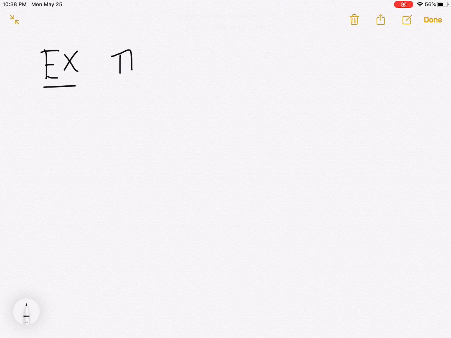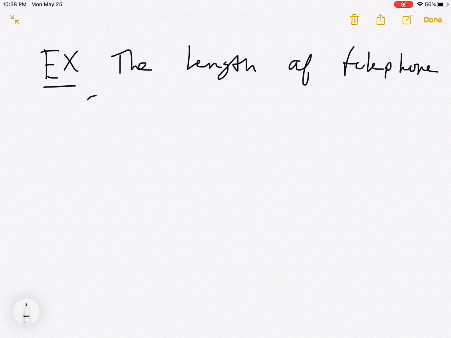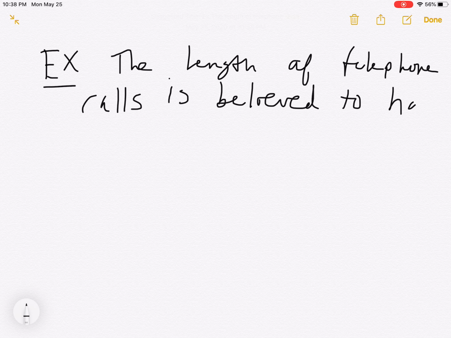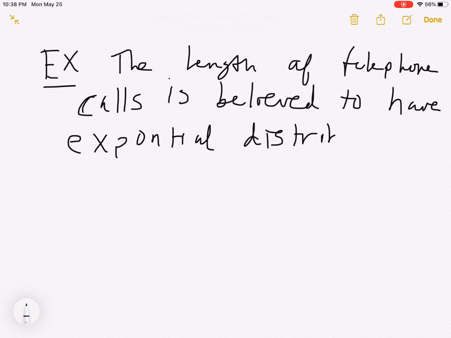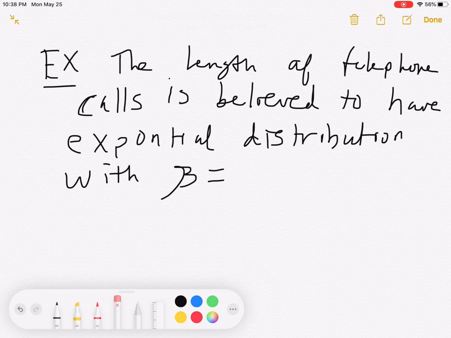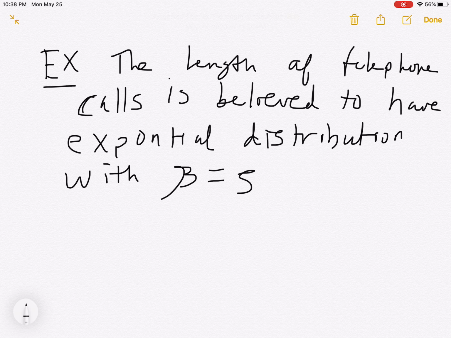The length of telephone calls is believed to have an exponential distribution, with beta equal to, not 2, but 5 minutes.